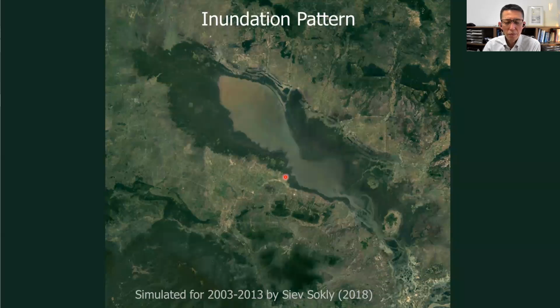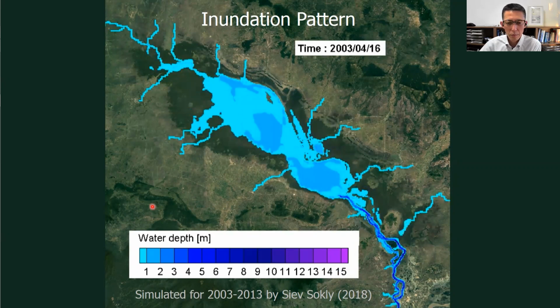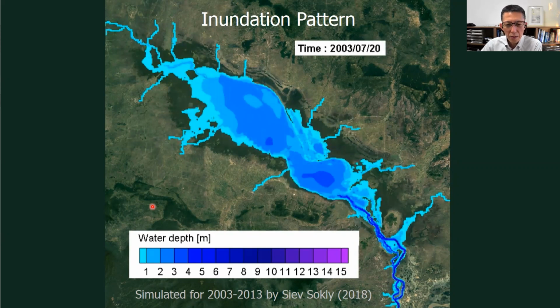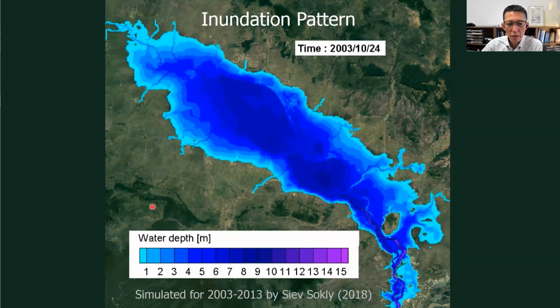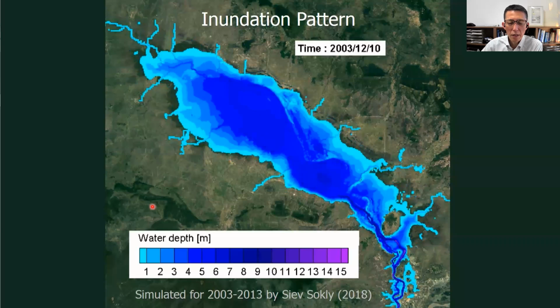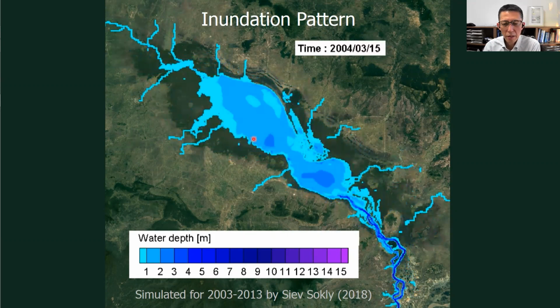To get some image, I would like to share the simulated movie of the water level here. You can see the lake here, and we overlay the output from the hydrodynamic model. The color indicates the depth. Now we have a rainy season, and the depth is large, and after that, the inundated area is getting small again.